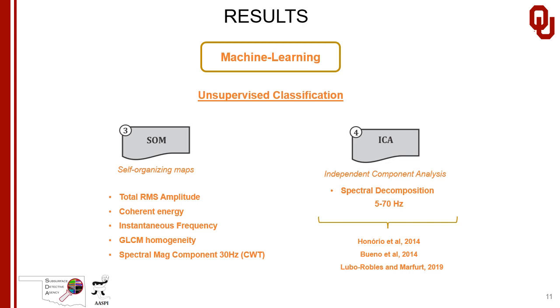This approach has been used in seismic analysis of carbonates, as in the work of Buene and collaborators, as well as in fluvial-deltaic systems, as in another collaborators' work, and in turbidite channels, as in the work of Lubo, Robles, and Mafurt.